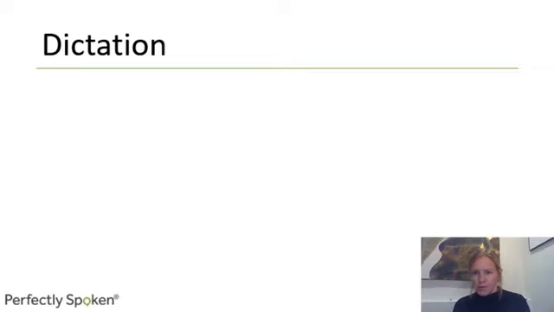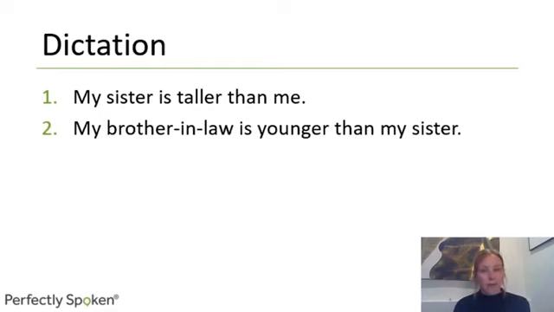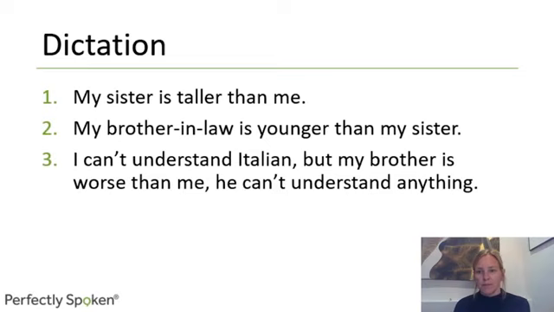So the first sentence is, my sister is taller than me. My brother-in-law is younger than my sister. I can't understand Italian. But my brother is worse than me. He can't understand anything.